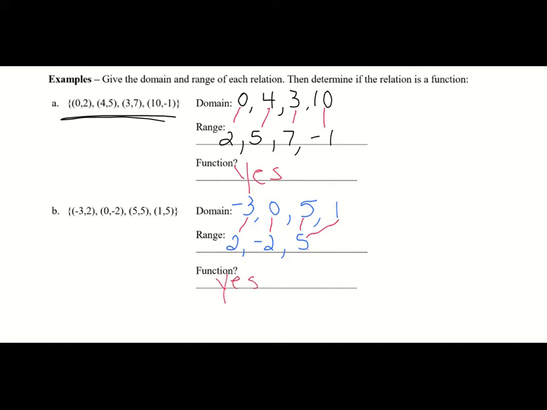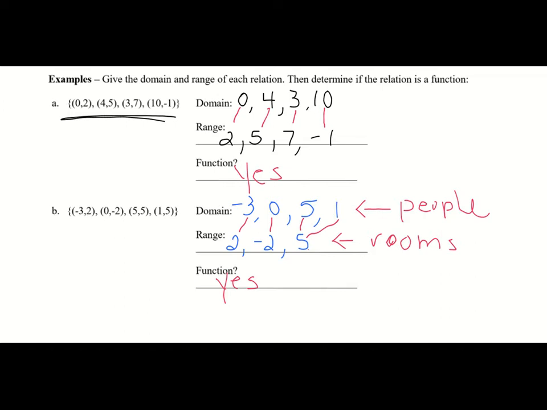Here's how I think about it. If you look at the domain as people, and the range as rooms, we can have 2 or more people in the same room. So my x values can go to the same y.